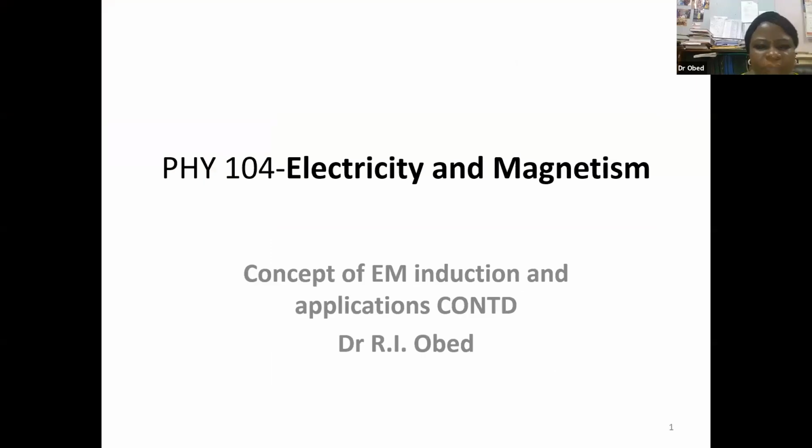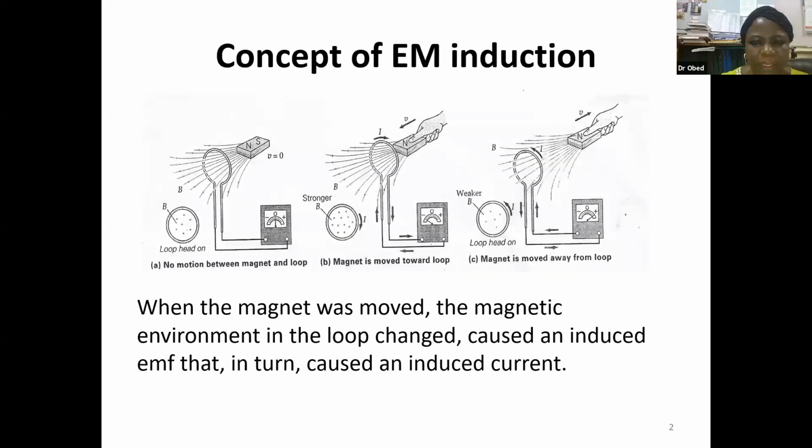Okay. Today we are going to continue. We are going to review some of the things we learned last week, and it's the concept of electromagnetic induction and applications. Last week we learned that no current is produced in a loop of wire that is stationary in a constant magnetic field.